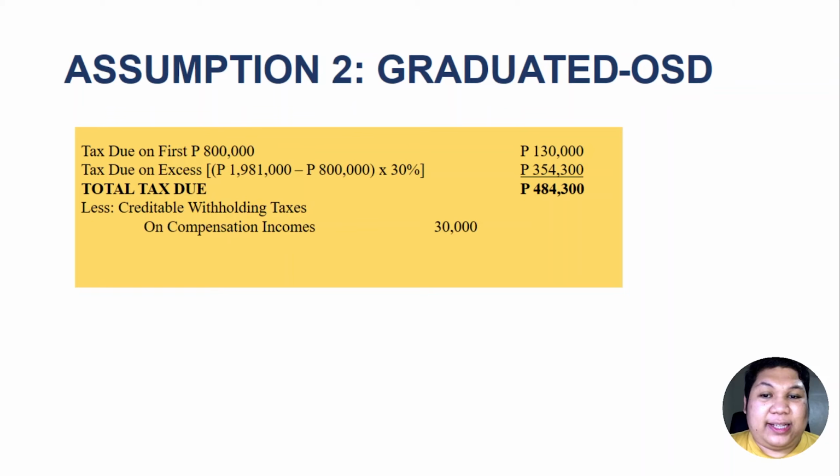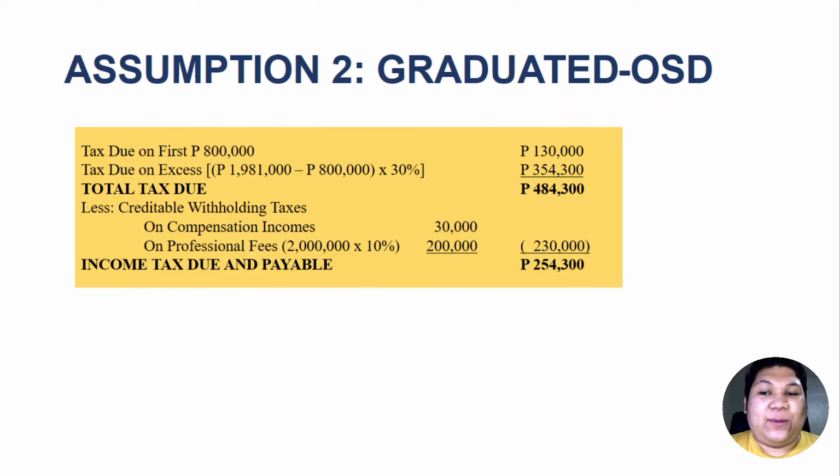So on compensation incomes, we have 30,000 pesos, and on professional fees, we have 200,000 pesos. So Juan's annual income tax due and payable is only 254,300 pesos.